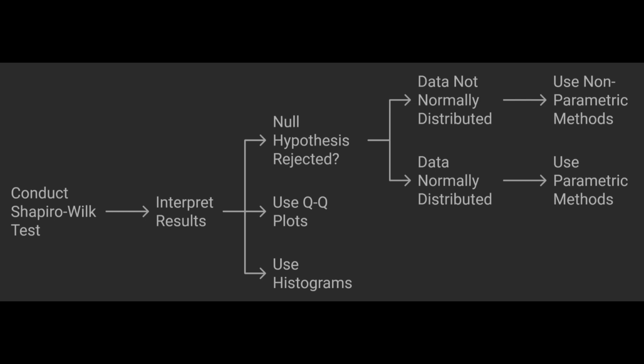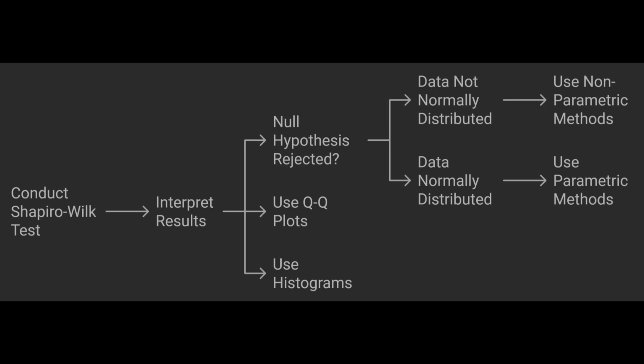But if we've got a low p-value, like say 0.01, that's kind of a red flag. It means our initial assumption, our null hypothesis, might be wrong, and our data might not actually be playing by the normal distribution rules. Which could totally mess up our analysis if we just barrel ahead without realizing it.